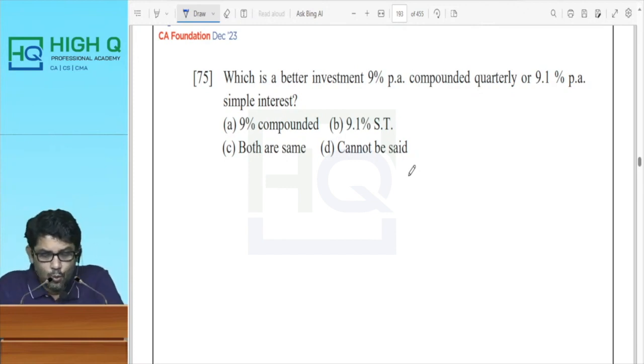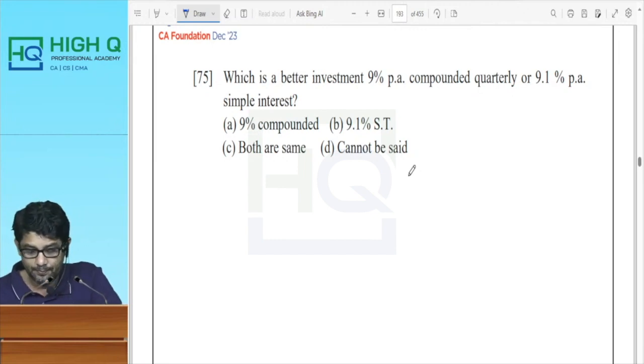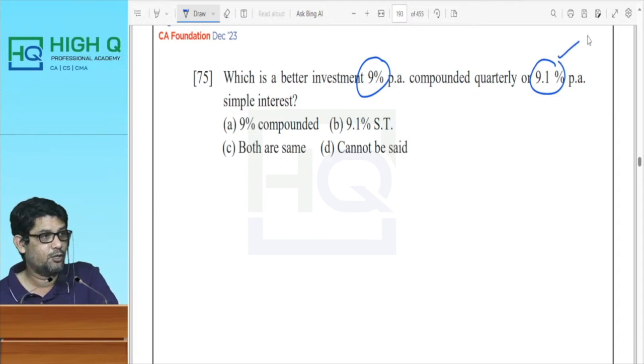Now, which is a better investment? 9% per annum compounded quarterly or 9.1% simple interest? If this is the question, first remember, my dear, direct comparison of 9% and 9.1% is wrong, because the 9.1% is per annum but the 9% is compounded quarterly.